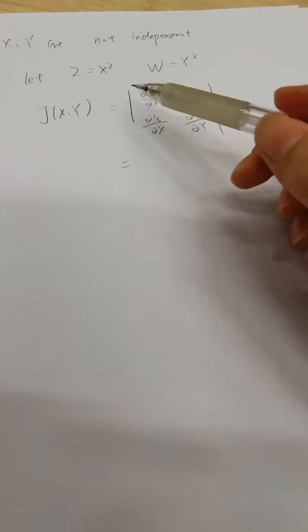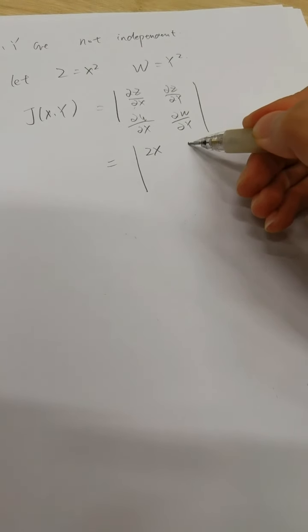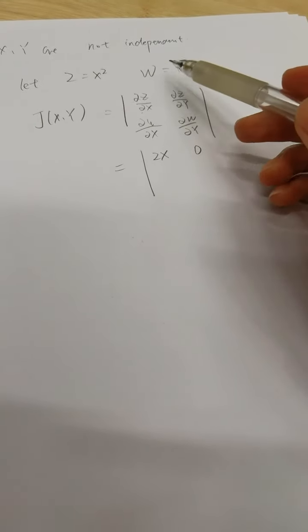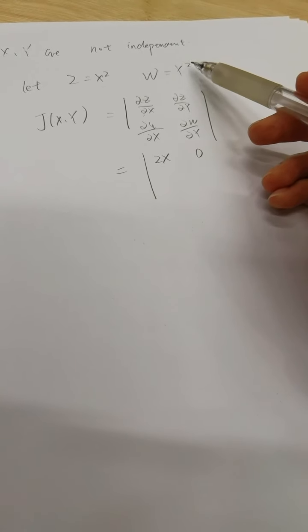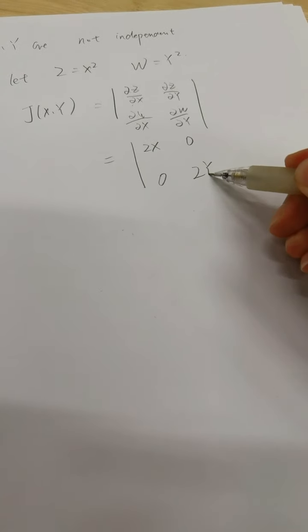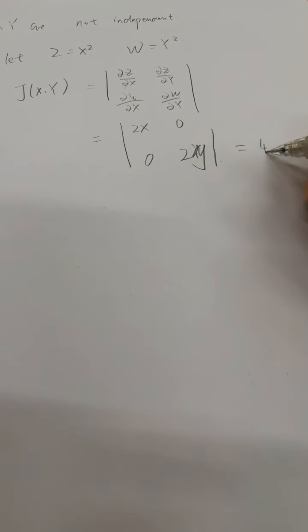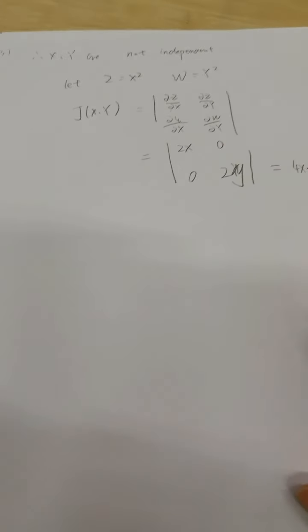This is the formula. The derivative for this one is 2x. Because there is no y part, the other is directly 0. And the derivative of the W function with respect to x has no x in this part, so it is 0, and the derivative of this part is 2y. So we can calculate 2x times 2y minus 0, which is 4xy. So we get the g(x,y) function.